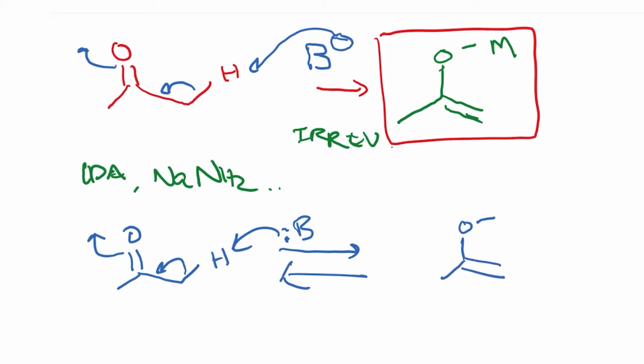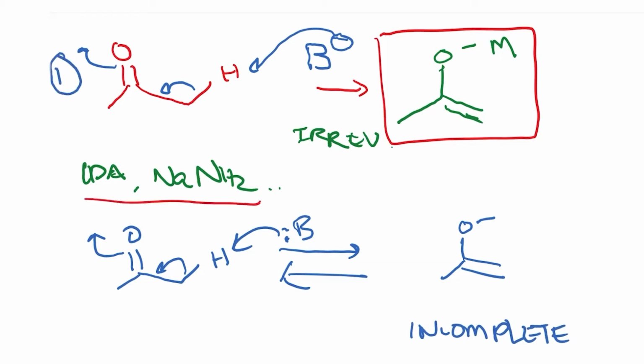So when you use a weak base, deprotonation occurs to some extent, and depending on the pK of the conjugate acid of the base, if it's comparable or lower to this carbonyl compound, then you end up getting an equilibrium. So this is basically an incomplete enolate formation. Case number one is when you have a very strong base such as LDA, NaNH2, KNH2, butyl lithiums, and so on.